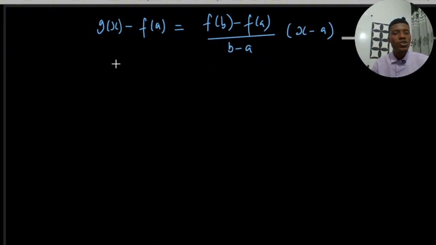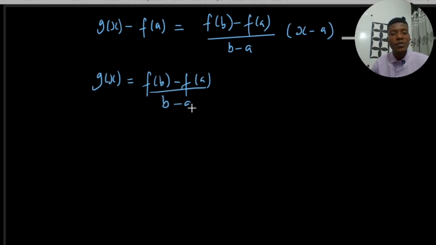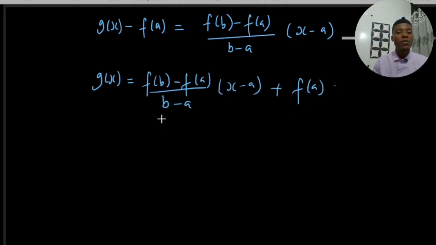Now, you can make g of x the subject of the formula. So if you do that, you have g of x equals f of b minus f of a over b minus a into x minus a plus f of a. This is what we have now.